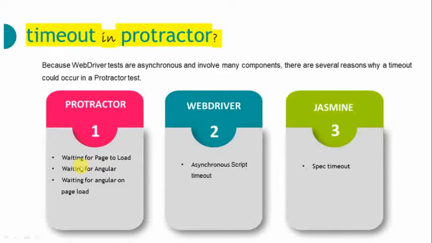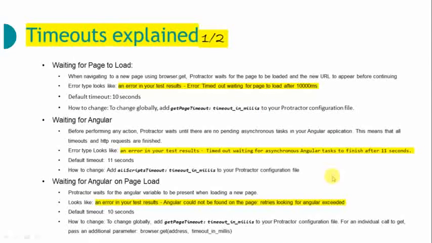If waiting for page to load times out, then you have to understand that this is caused by Protractor and not by WebDriver or Jasmine. I will explain all this in my coming slides. Protractor causes the wait for page to load timeout, waiting for Angular timeout, and waiting for Angular on page load timeout. WebDriver causes the asynchronous script timeout, and Jasmine causes the spec timeout.